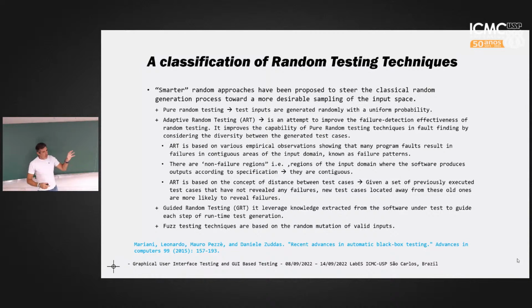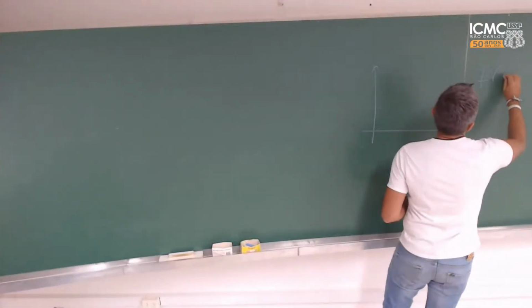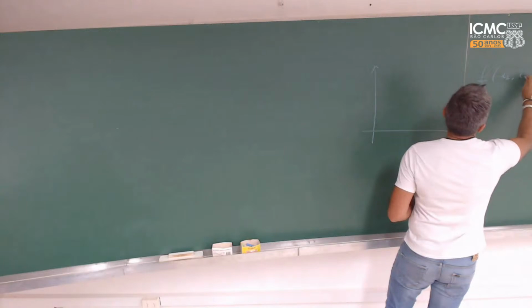Regions of inputs that may generate failures, and regions of inputs where you cannot generate failures. Imagine that you have a function f with two inputs, 1 and 2.